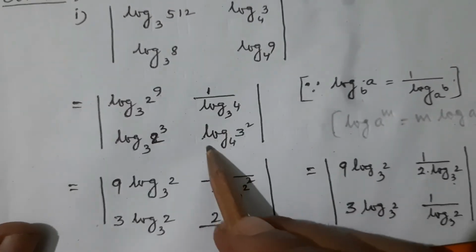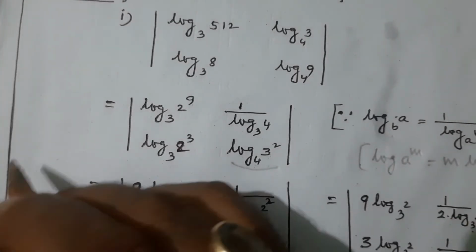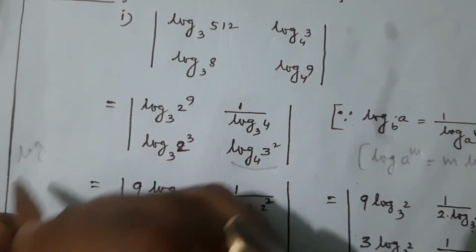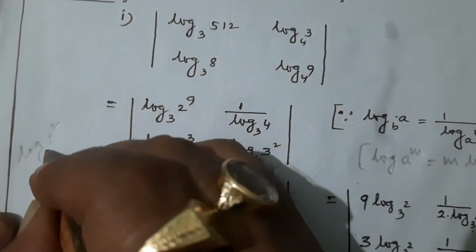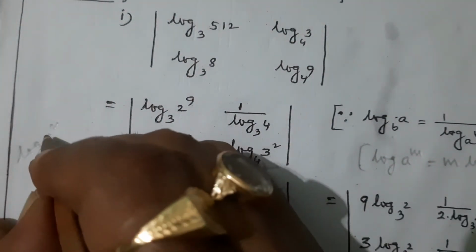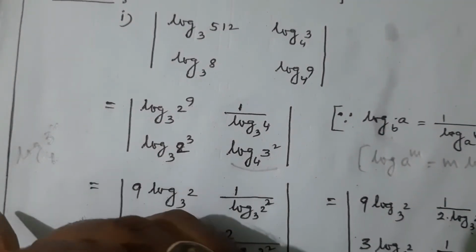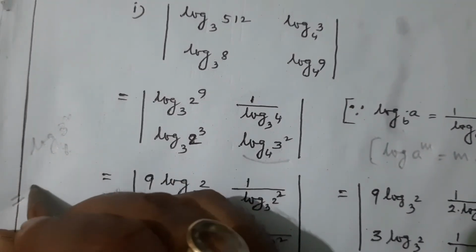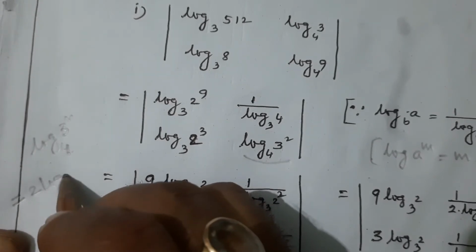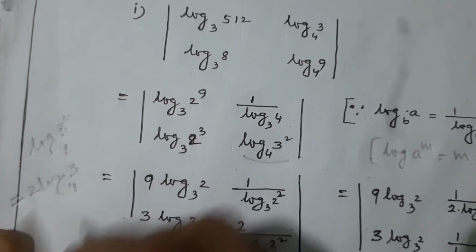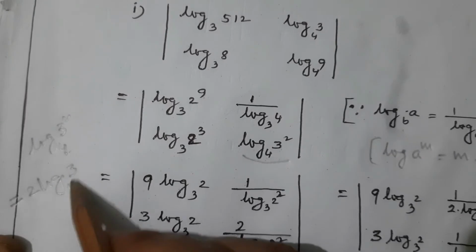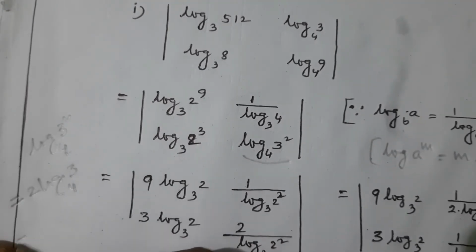Here this portion can be converted: log 3 square to the base 4, 2 comes first, that can be written as 2 into log 3 to the base 4, and we can interchange the base. What is the rule?